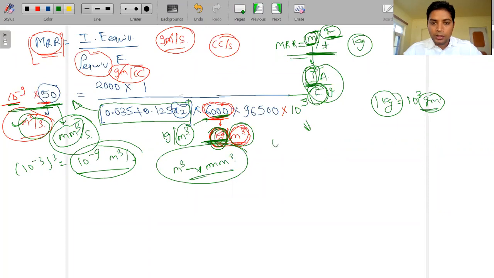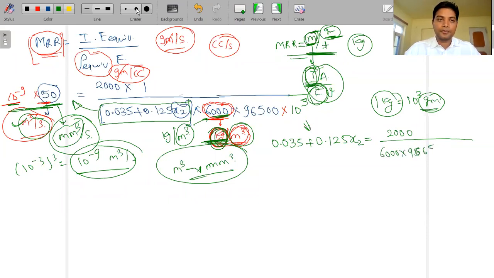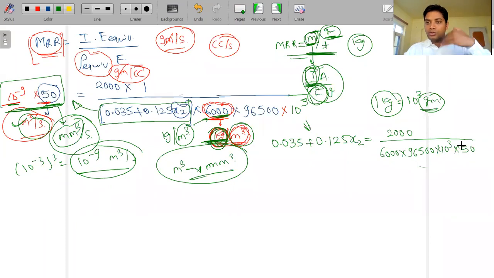So this will become 0.035 plus 0.125 into x2, that will be equal to 2000 upon 6000 into 96500 into 10 raised to power 3, into 10 raised to power minus 3 into 50. So this is 10 raised to power minus 9, so you can make it over here, and this will become 10 raised to power plus 9.